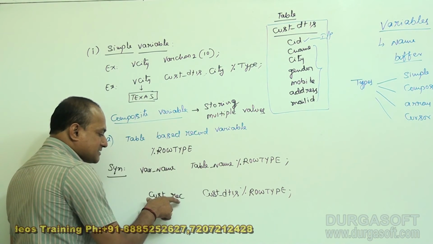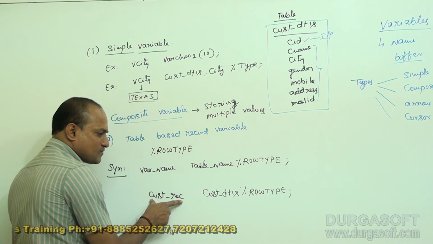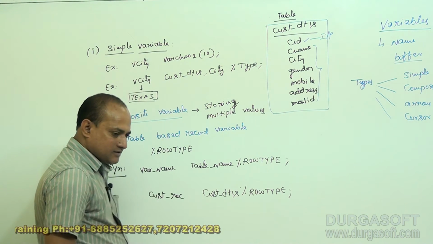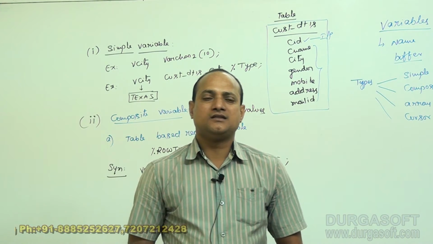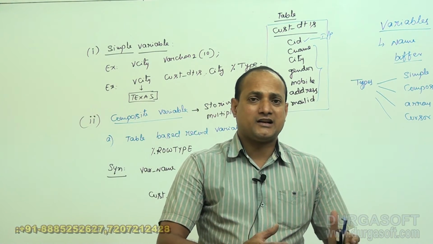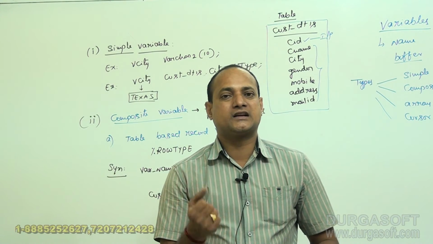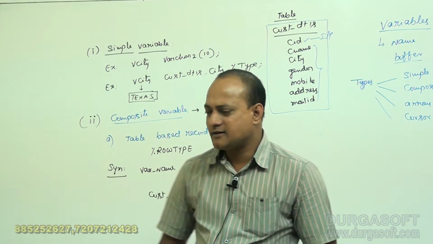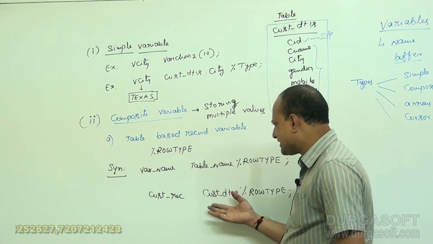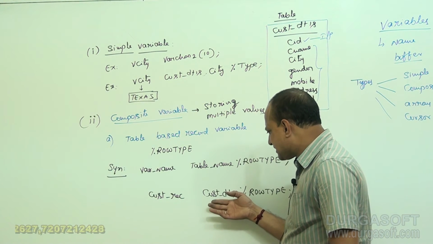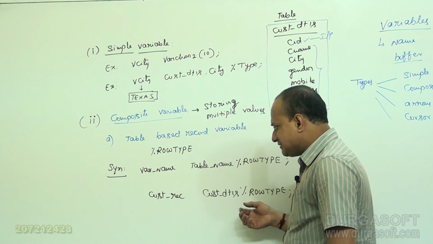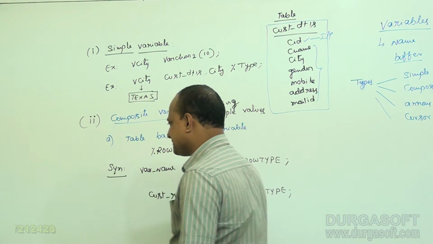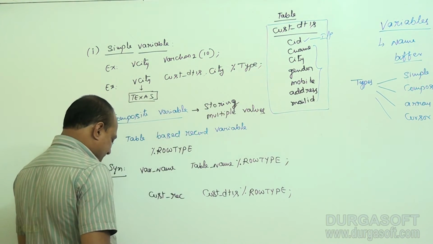Then what is the length of the memory for this variable? Generally, the length of memory is decided by the data type and size at the time of declaring the variable. Here I am not specifying any data type. I am using customer_details percent rowtype. Then what is the expected length of memory for the variable?